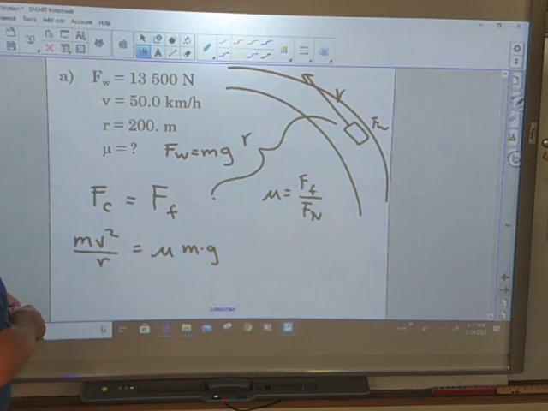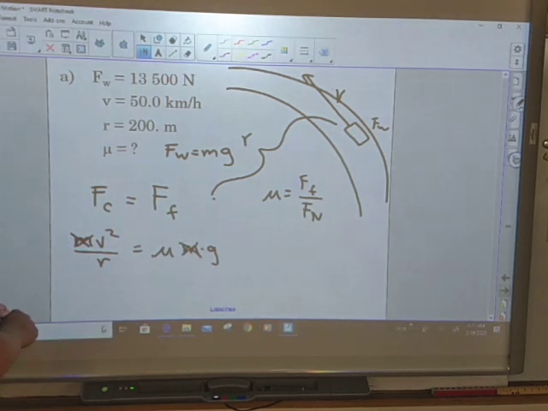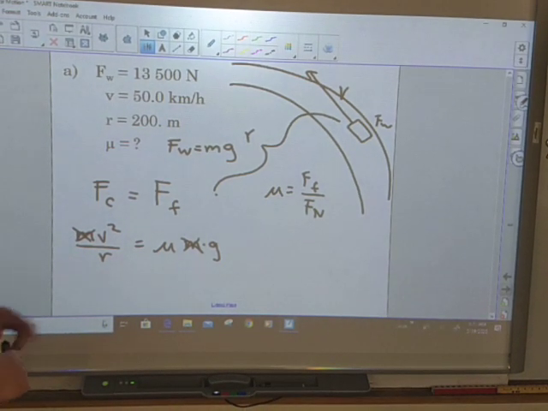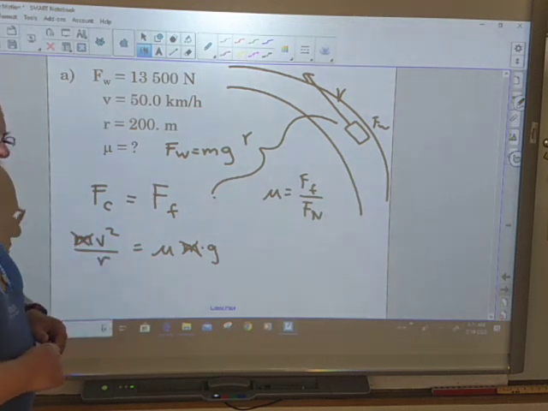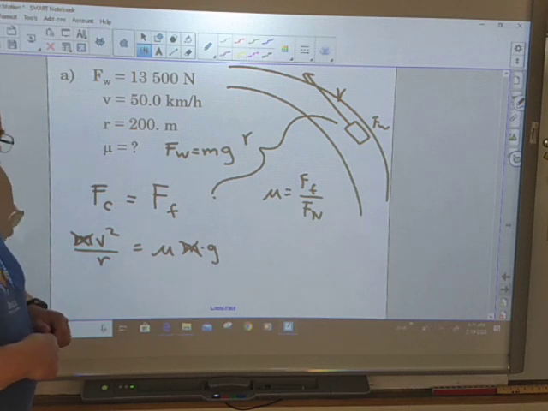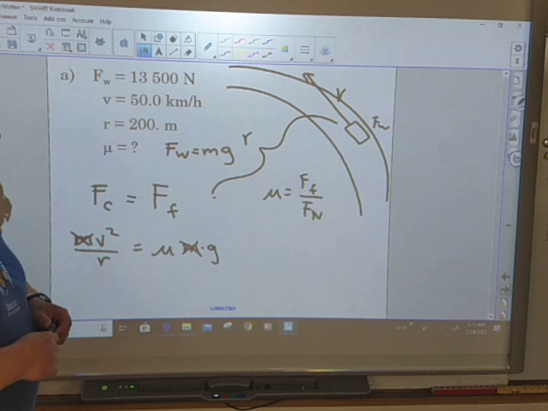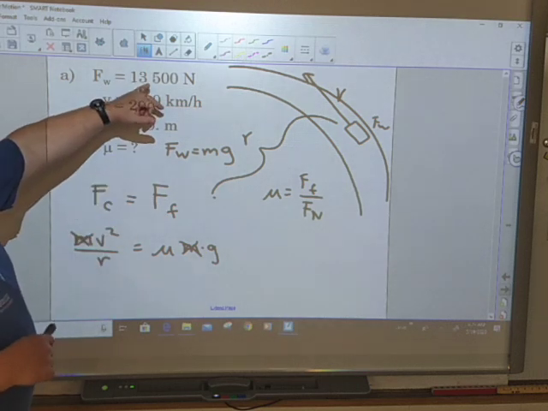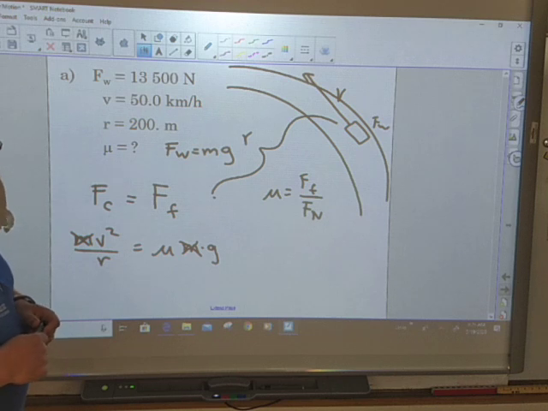I could actually simplify this a little bit and just say, hey, I don't even have to worry about the mass or the weight of the car. I could cross off the mass because they're on both sides, and I could just use g. Now, if you have to, rewind that video a little bit, play that back again. I just thought that might be a simpler way rather than converting this to find the mass, and I can just do my algebra a little bit and the mass drops out.